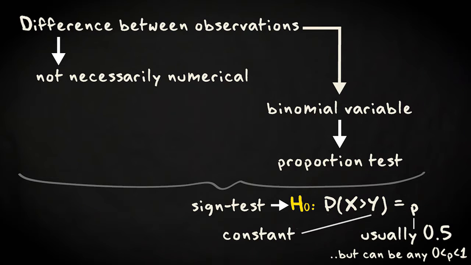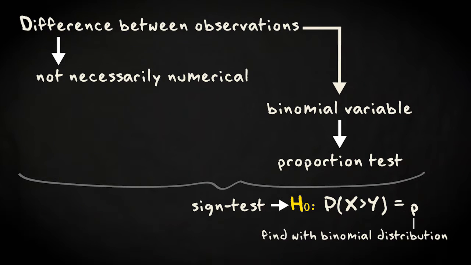In any of these cases, you would use the cumulative binomial distribution to find the probability of finding your result if your null hypothesis were true. If this probability is small, for example smaller than 0.05, you would reject your null hypothesis. If the number of cases is larger than 35, the binomial distribution can be approximated by a normal distribution, so then the z-test can be used instead.